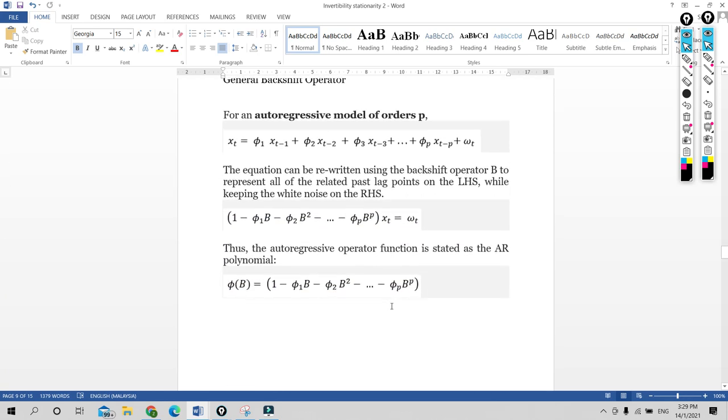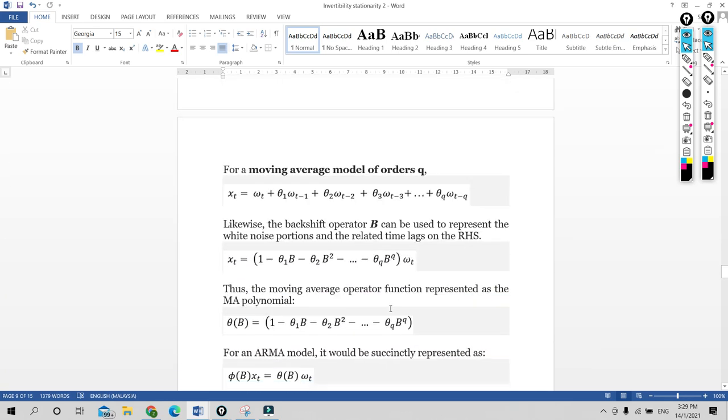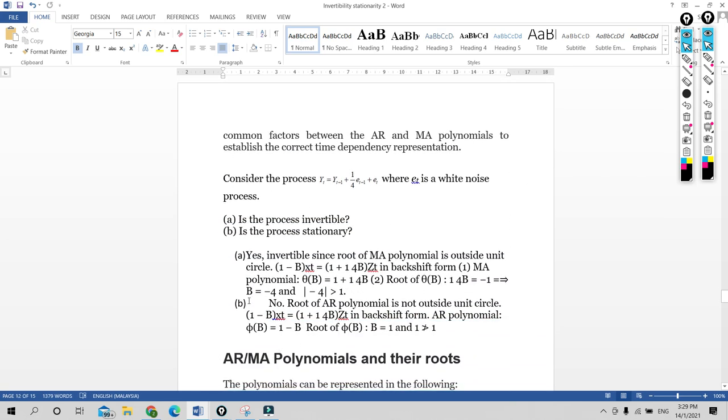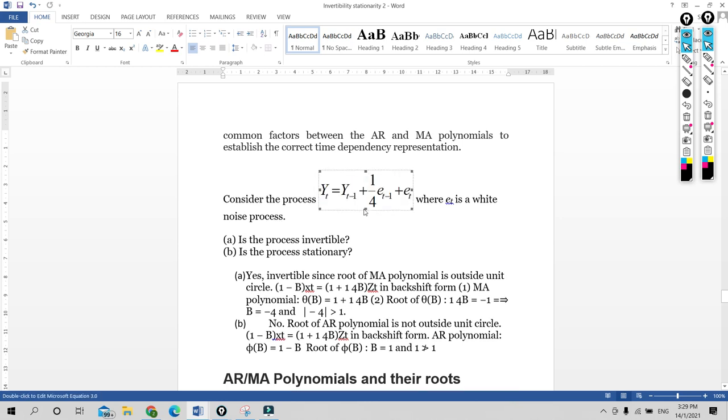Let's go to one example here. I have this function here. If you look at this time series equation, this is considered an ARMA(1,1), isn't it? It is an ARMA(1,1) because you have yt minus 1 here and epsilon t minus 1.